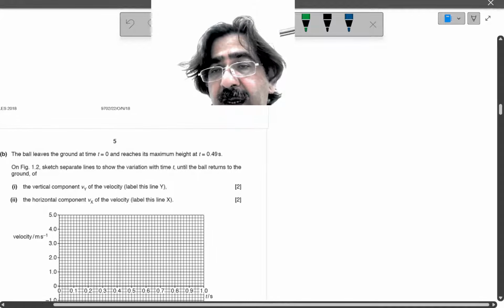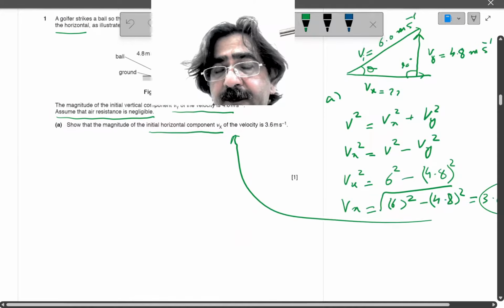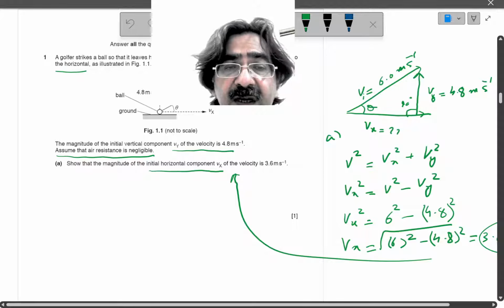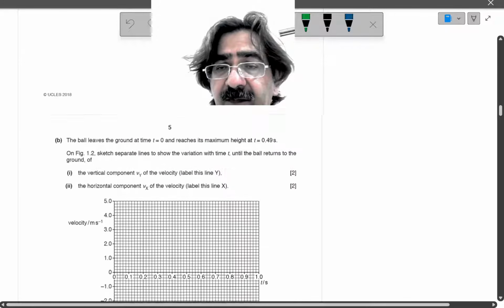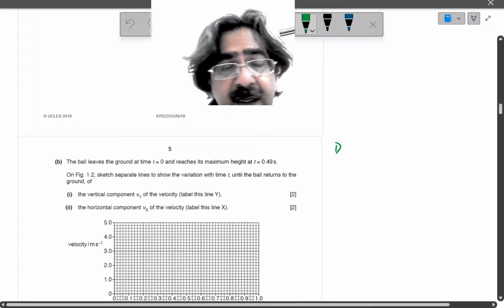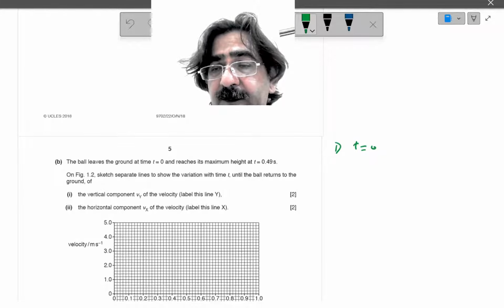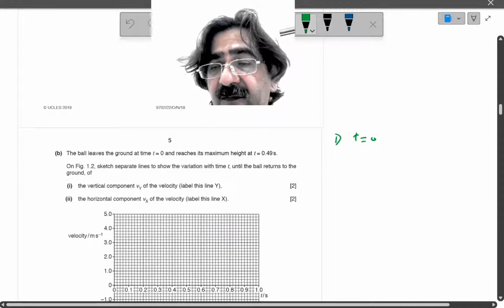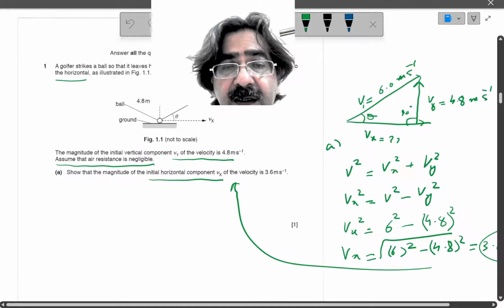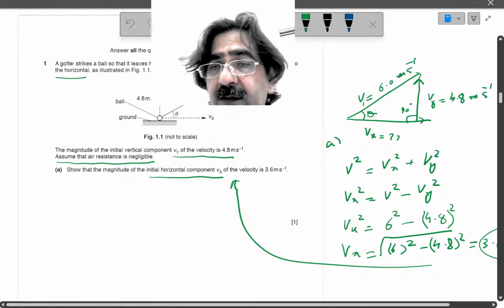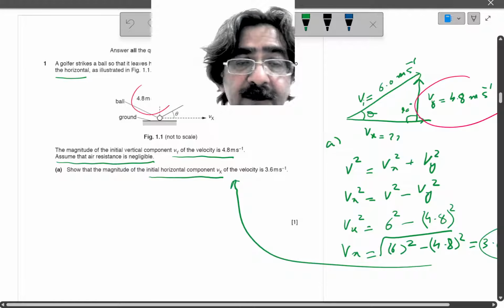According to the provided data, firstly we have to find the vertical velocity. At time t equal to 0, the vertical velocity is given, that is 4.8.